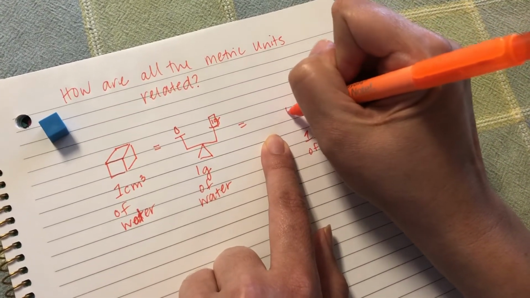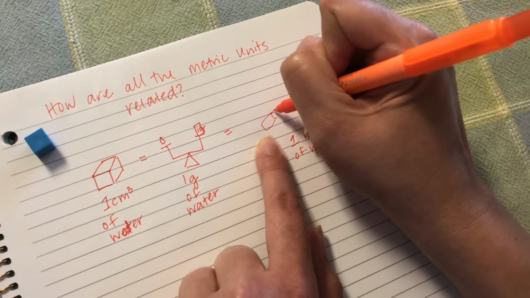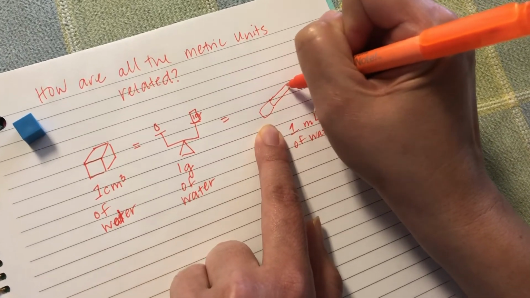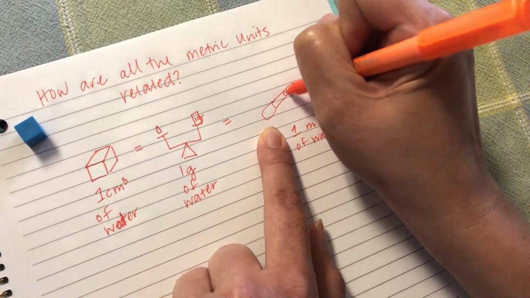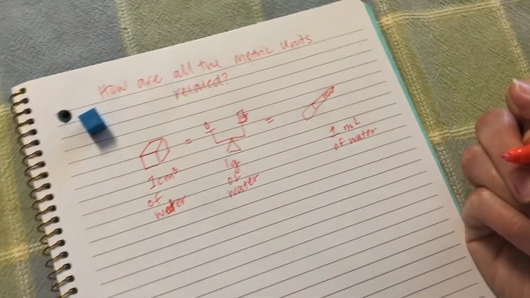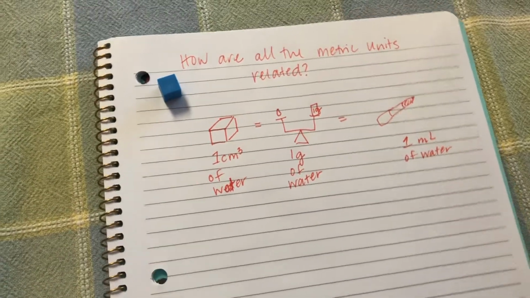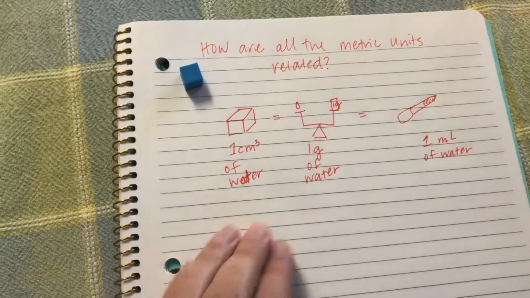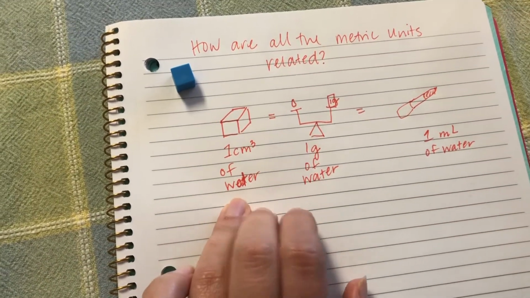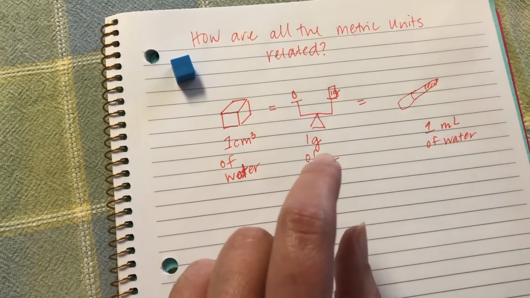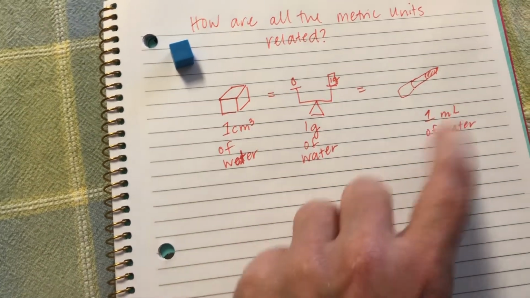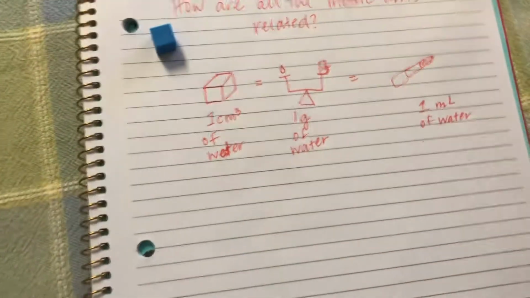So I'm going to go ahead and draw a dropper. So they're all related, which makes it pretty cool. That's one thing that's really neat about the metric system, because they link their length, their weight or their mass, and their volume.